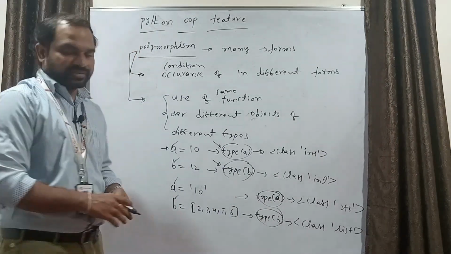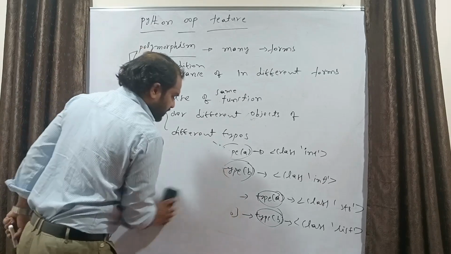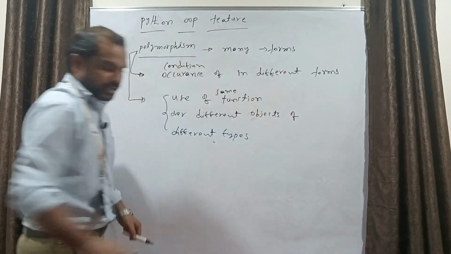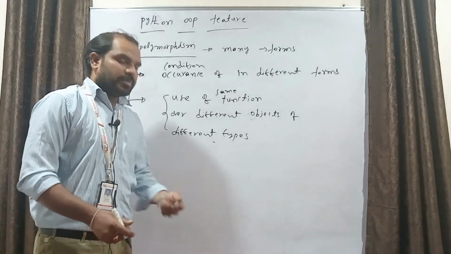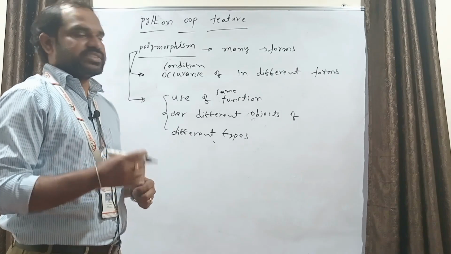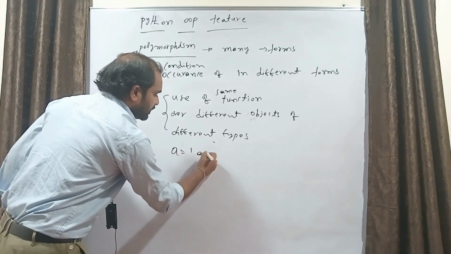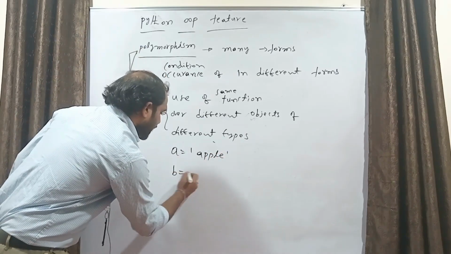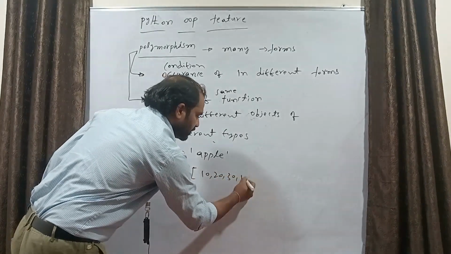Then we can see one more example like this, the length function. The length inbuilt function in Python is used to check the length of a particular sequence type data. For example, I store a string in A, and I have a list in B with some elements.